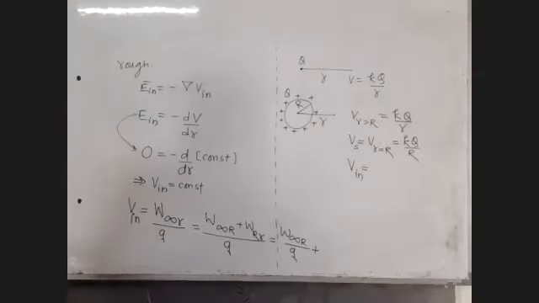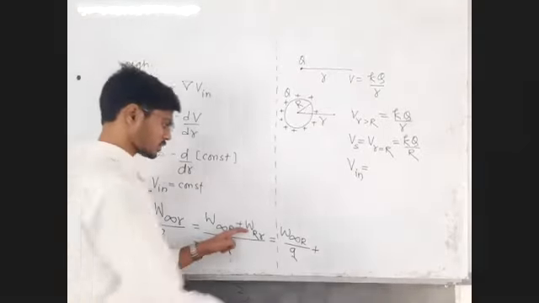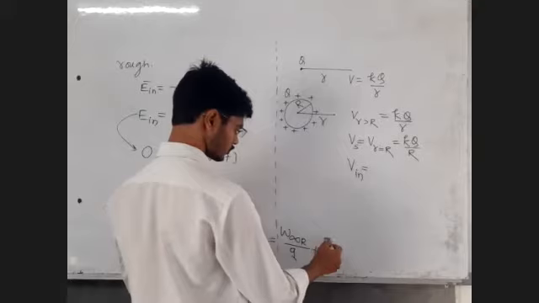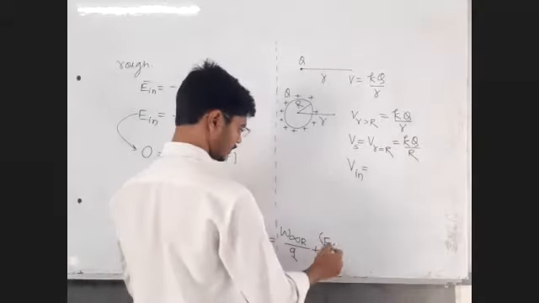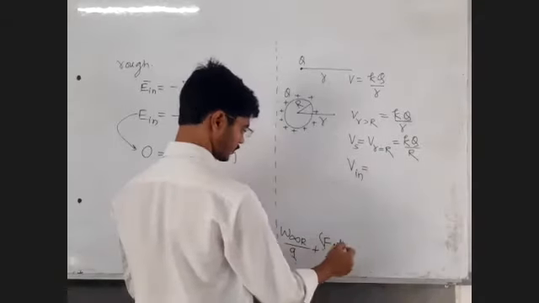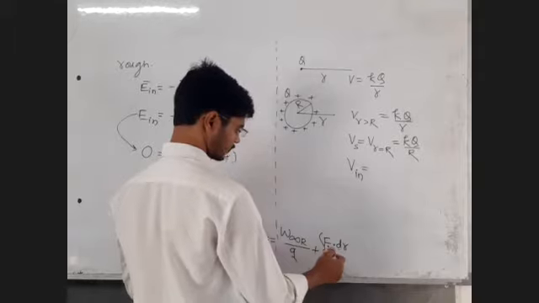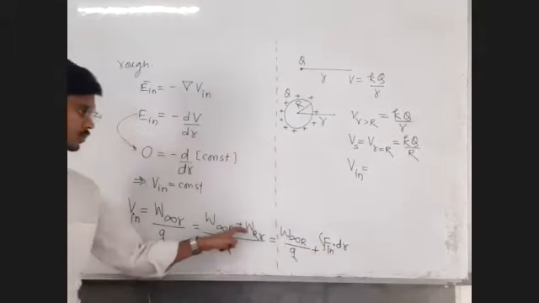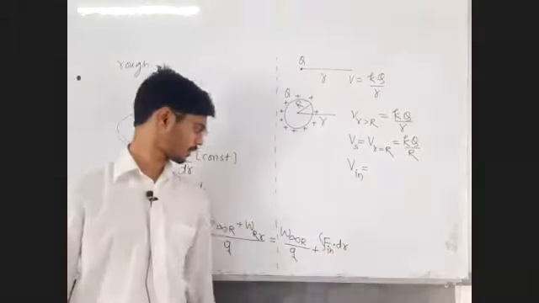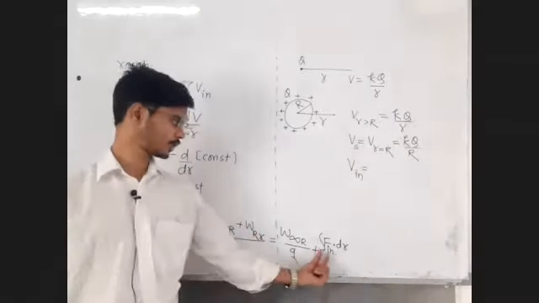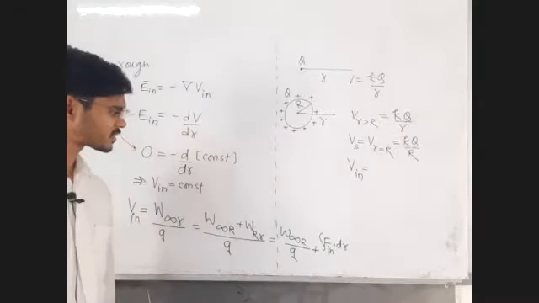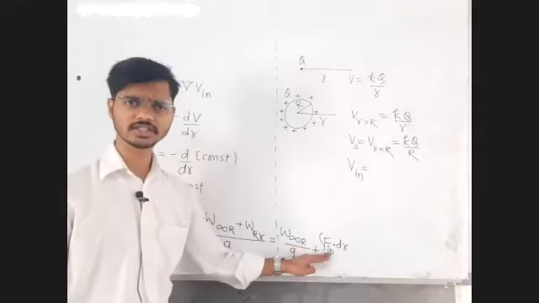But sir, inside electric field is 0. So whatever force F, integration F dr, for inside work done we have to write integration F dr. But sir, inside electric field is 0.